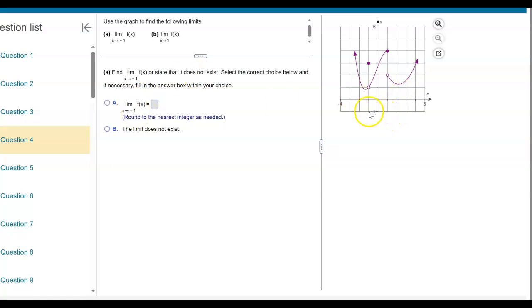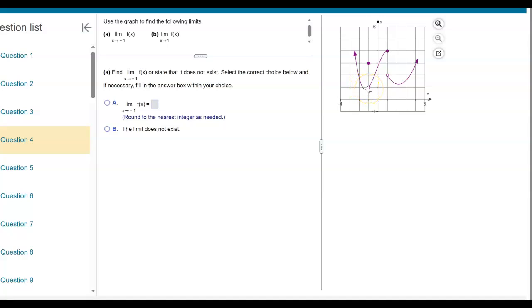Now, as x approaches -1 from the right and from the left, you could trace your function from the right of -1, and it is approaching this point here. Similarly, from the left of -1, if you trace your function, it is approaching this point here.